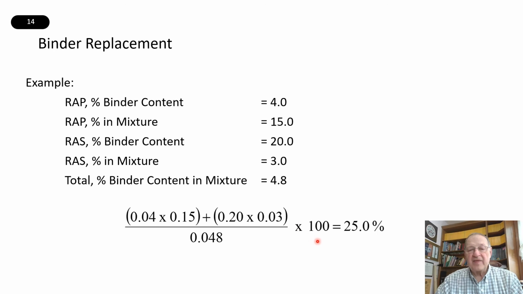Multiply that by 100, I get 25.0%. So my asphalt binder replacement in this mixture is 25%.